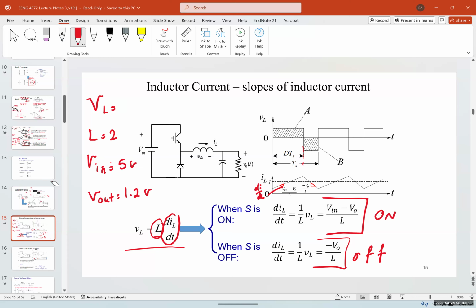We want to find VL on and VL off. I'll give you a few minutes to think on this and solve it.